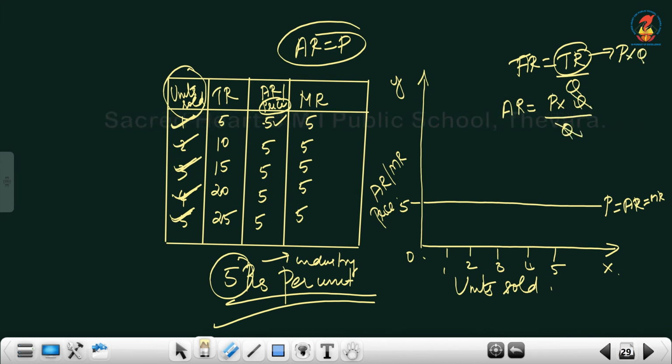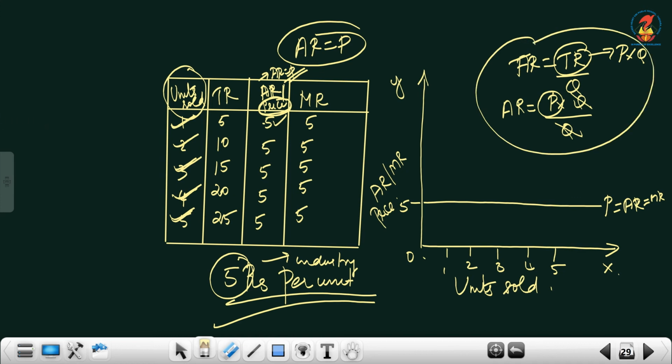Q and Q will get cancelled, therefore we can say AR is equal to P. Therefore, in the place of price, I can write AR. Did you see that? We have proved that AR is equal to price, with the equation which we have learned before.